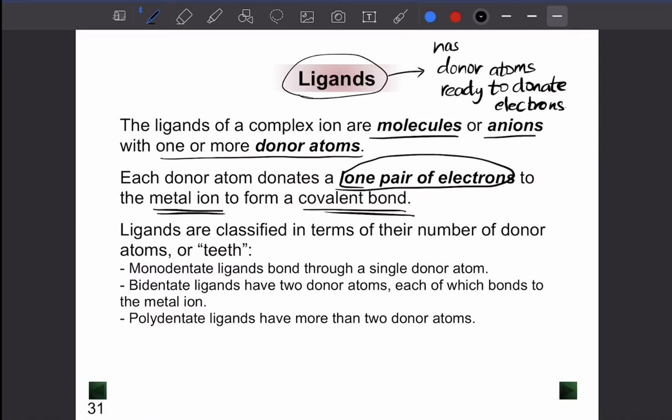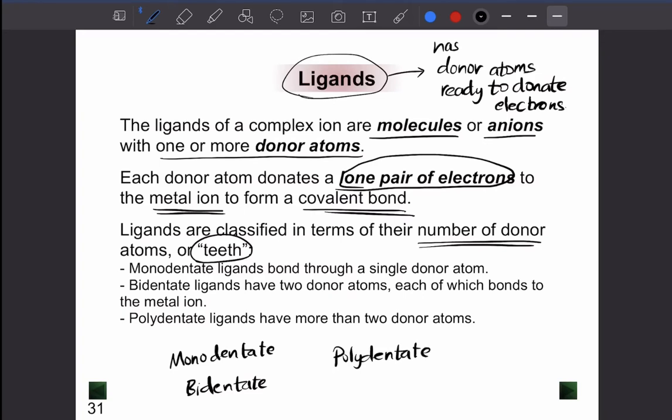So ligands are classified based on the number of donor atoms, or teeth. So we have monodentate, bidentate, and polydentate. Monodentate if it has one donor atom.